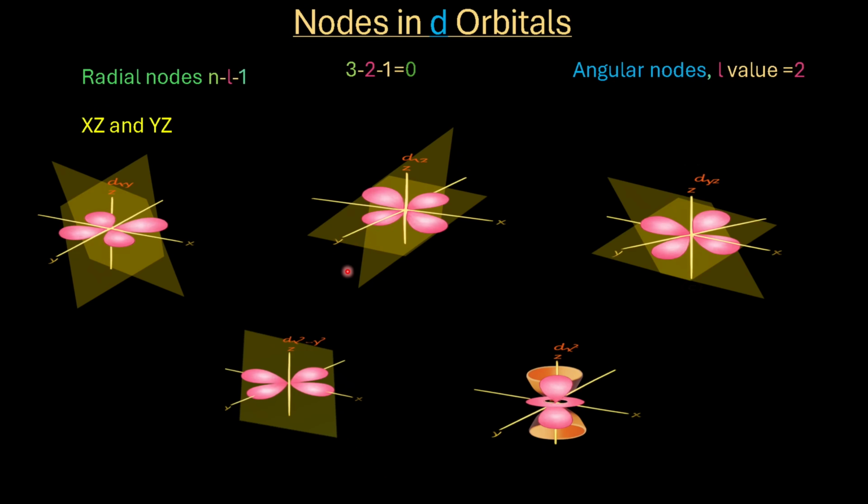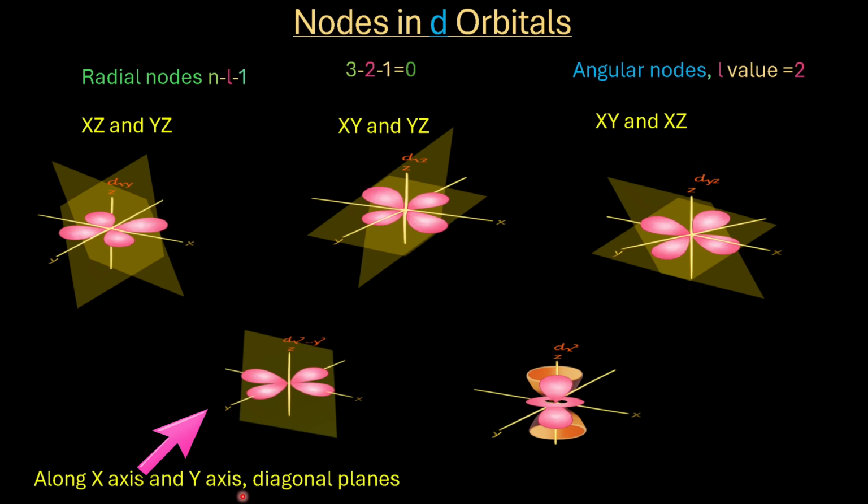For the dxz, it is the xy and yz plane, and for the dyz, it is the xy and xz plane. But in the case of dx square minus y square, the lobes are present along the x-axis and y-axis. So the nodal planes are actually diagonal planes, and they pass between the x-axis and y-axis.